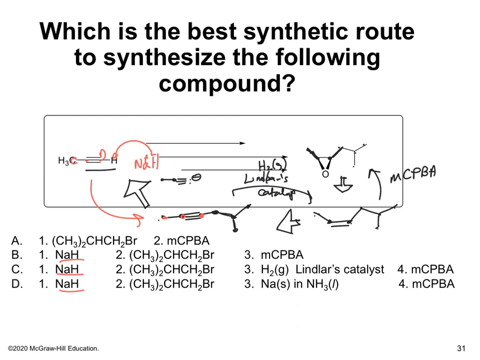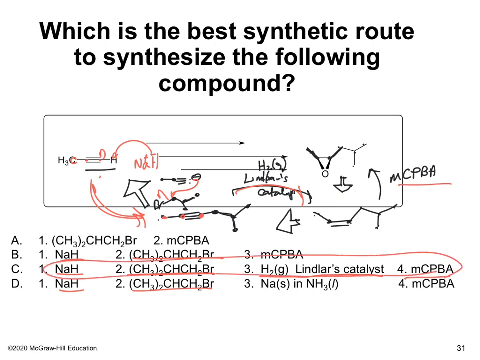And then you need to add these other carbons here. So 1, 2, 3, 4, and then a bromide there. So this is your SN2 reaction. So these all work, okay? But then you need, so that's that reaction, and then you need Lindlar's catalyst. So there's this one, and then MCPBA. So C is your answer.